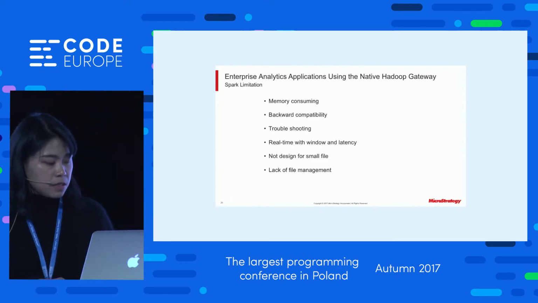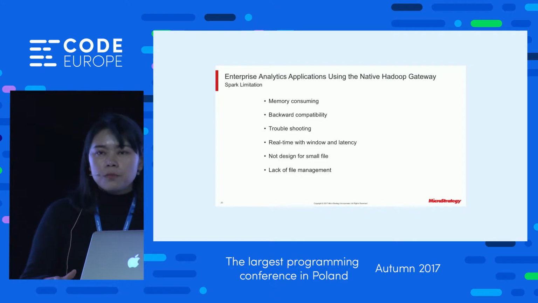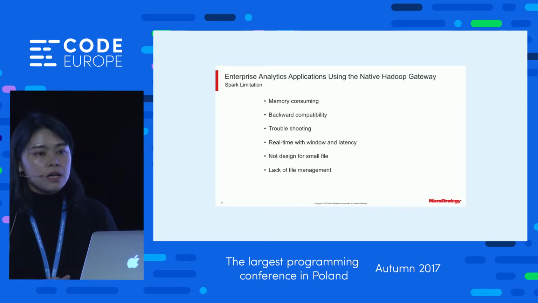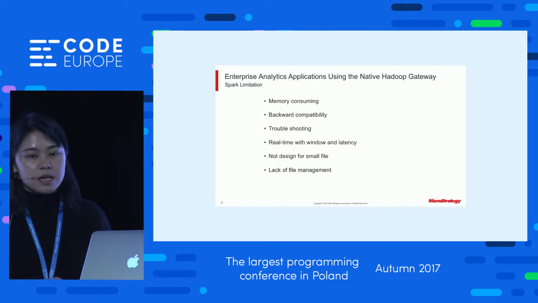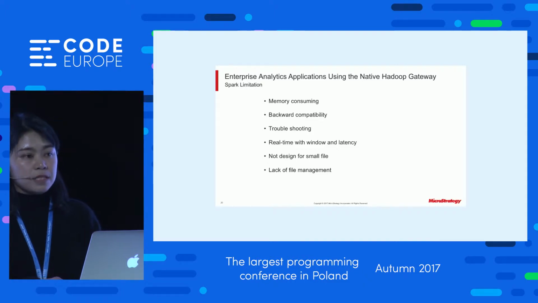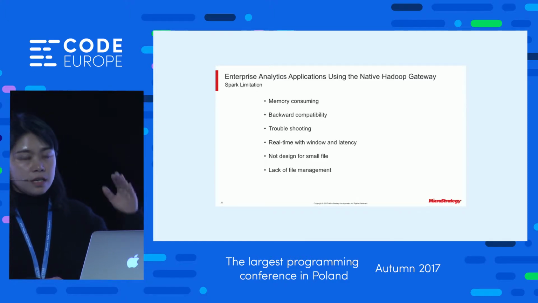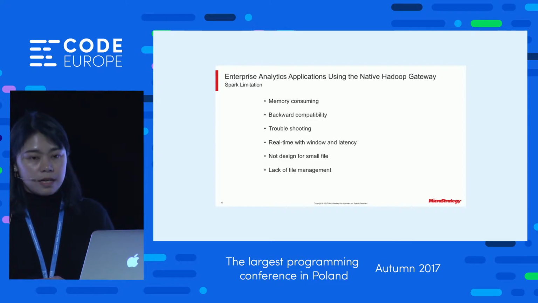And then there are some issues about backward compatibility. We used to support Spark 1.6, and then we upgraded to 2.0. In that, we found there are some issues because Spark claims that they support backward compatibility, but it's only in Scala, not in Java. But in our application, we are a hybrid with Java in the upper layer, and the API part is basically in Scala.